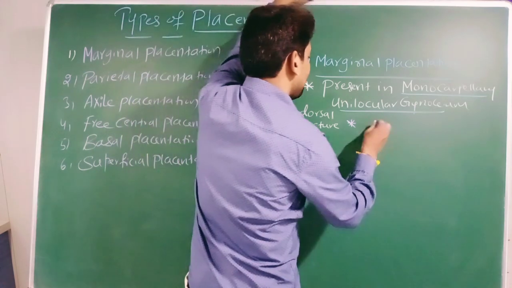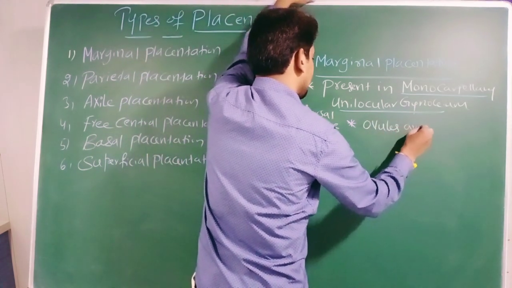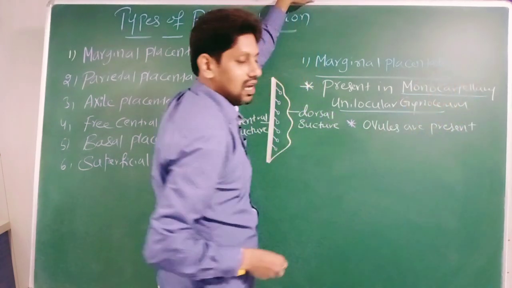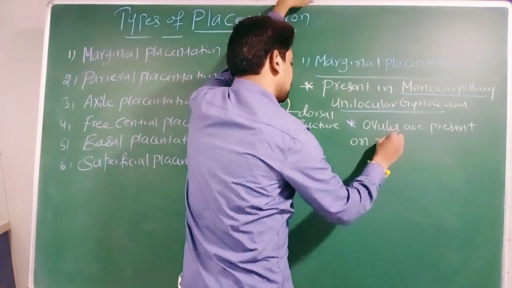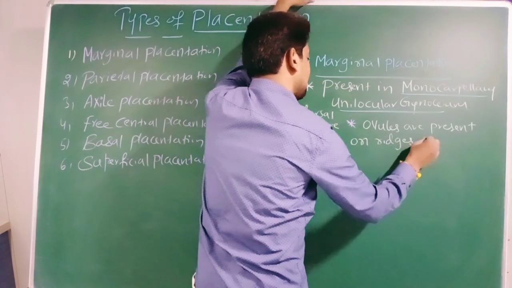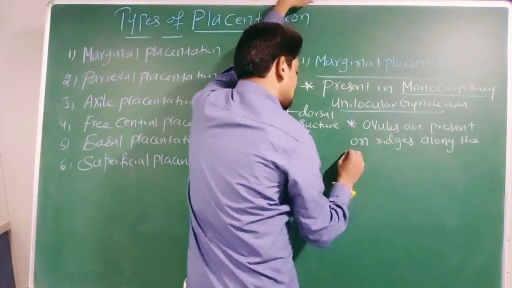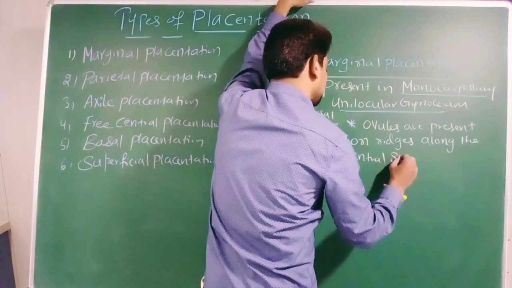Therefore, in marginal placentation, ovules are present on ridges along the ventral suture.